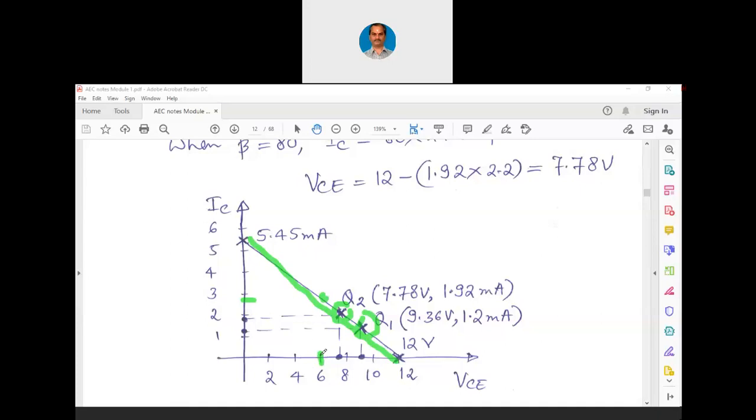But for the given RB and RC, and for the given value of beta, we have got these 2 Q points. So we engineers have a bigger responsibility to design accurate circuits so that they will work like faithful amplifiers. With this, I will conclude today's class.